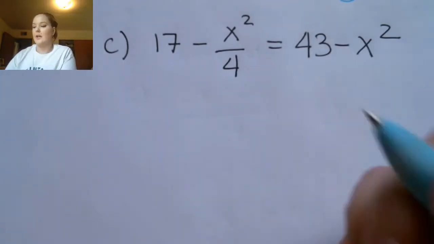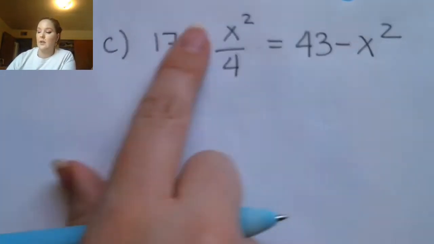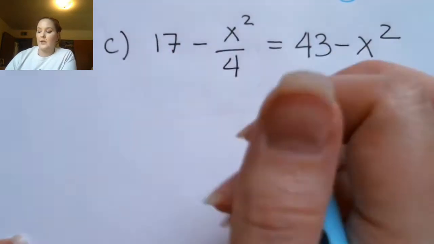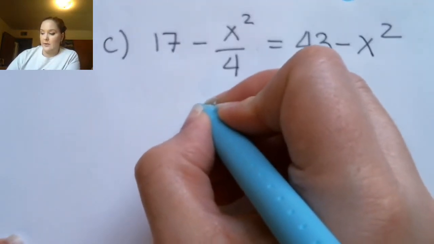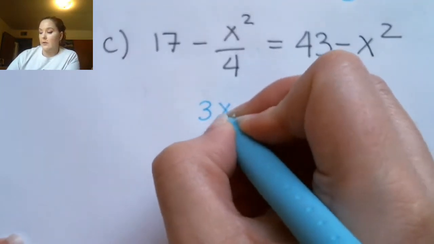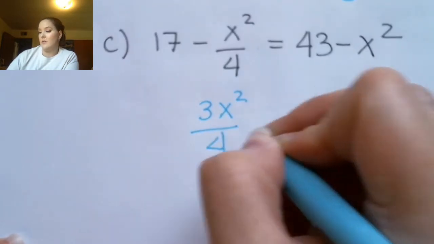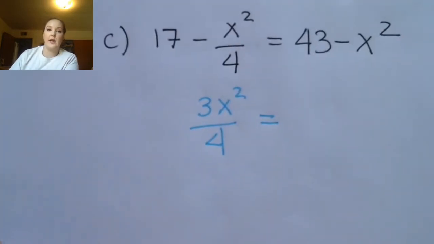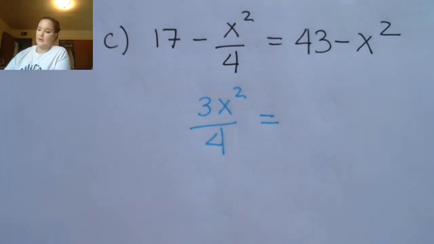I'm going to add x squared to both sides. So 1x squared minus 1/4 x squared is 3/4 x squared. And then I'm going to subtract 17 from both sides. So I'm just going to do 43 minus 17, and I will get 26.